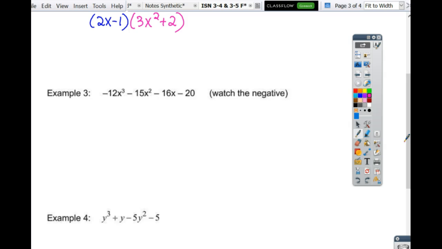Negative, okay? So watch. What do these have in common? 3, but it starts with a negative, so I'm going to divide by negative. So negative 3x squared. And so when I divide, I get 4x plus 5.